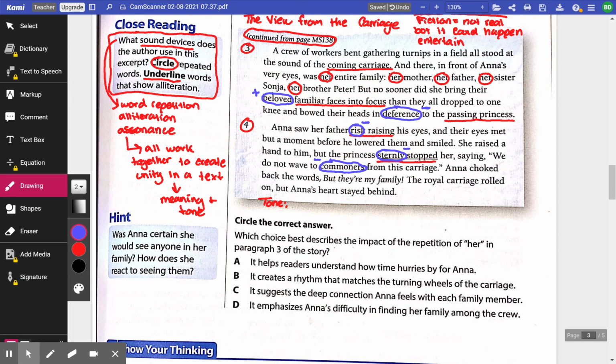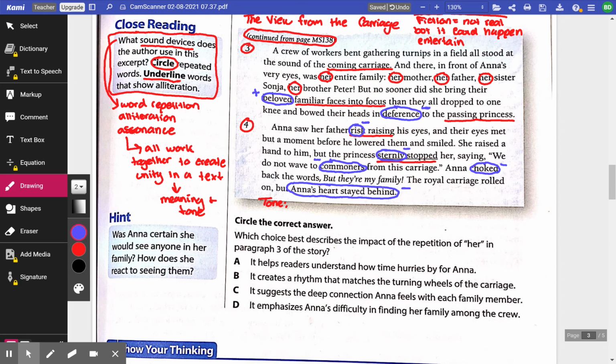And then in response, it says Anna's having to choke back her words. Well, if you were choking, that's not a pleasant feeling, right? So she's having to choke back her words. And then we have this phrase here, Anna's heart stayed behind. So she's feeling almost kind of sad here.